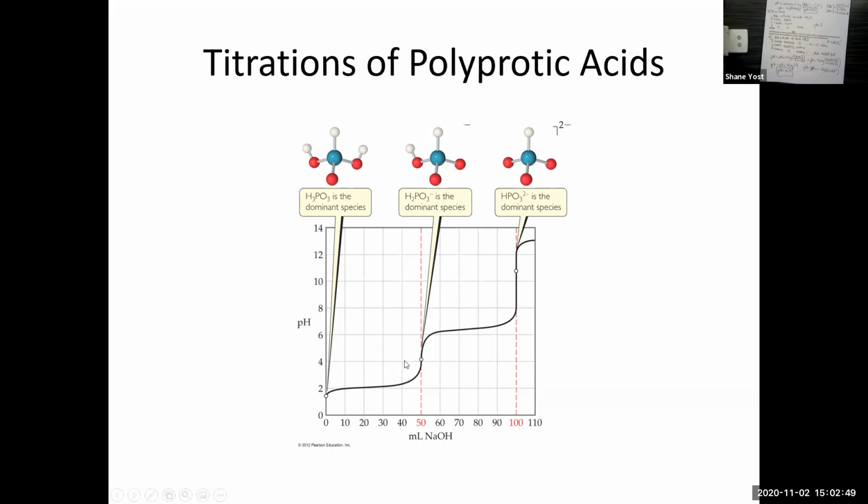Okay. And again, I have the same titration of a weak acid with the strong base. I reach then the second equivalence point where I've added twice the number of moles of sodium hydroxide as I did H3PO3, right? Because the first equivalence removes one of the hydrogens. The second equivalence removes the second hydrogen to then leave me with HPO3 2-, okay?